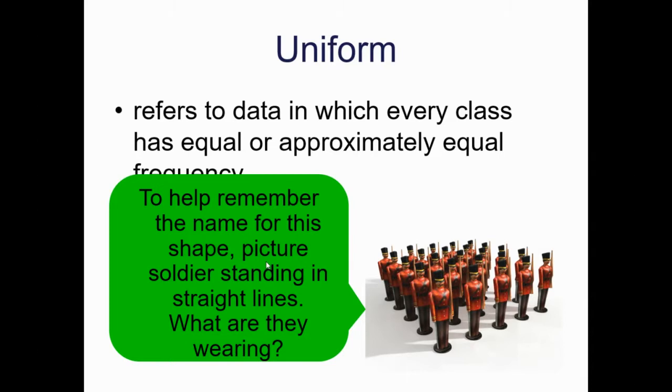They all pretty much look the same. Now, it may be kind of jagged because everyone's not the same height, but they're all dressed the same. They're all standing pretty much even with each other. So that's how you remember: soldiers wear uniforms, and when they're lined up, they're all pretty much even.